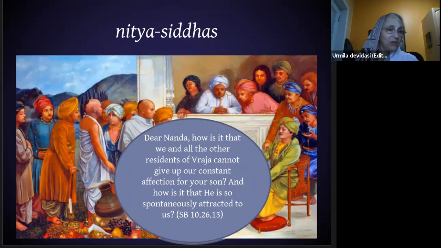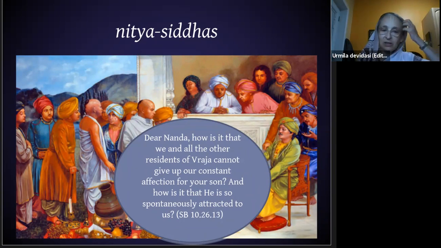Now, remember, one of the symptoms of a siddha, whether sadhana siddha, kripa siddha, or nitya siddha, is that it's constant. Their feeling of love for Krishna, they don't get tired of it. It's something that's constant. So they said, how come we can't give it up? You know, we find the gopis will say, I don't want to talk about Krishna anymore, and they can't. And then they say, and how is it that he is so spontaneously attracted to us?